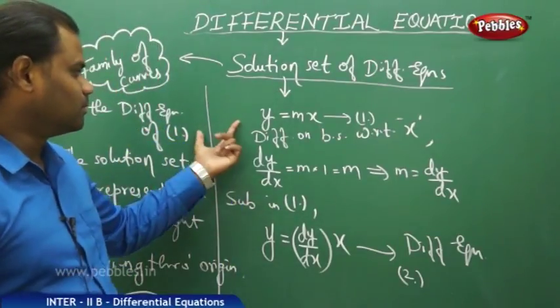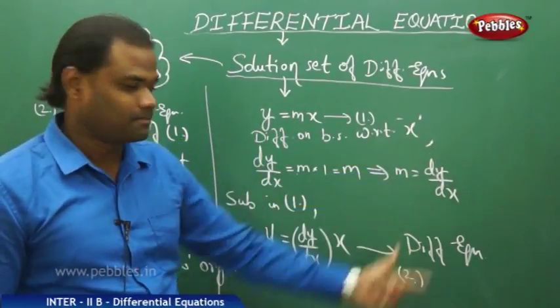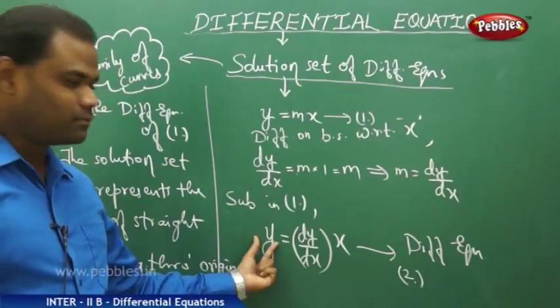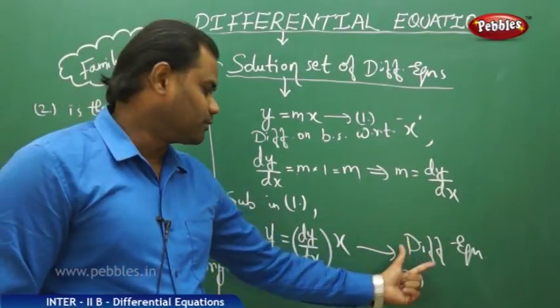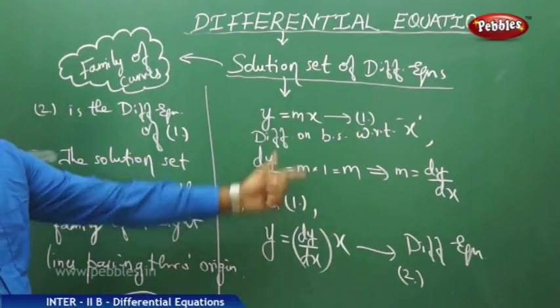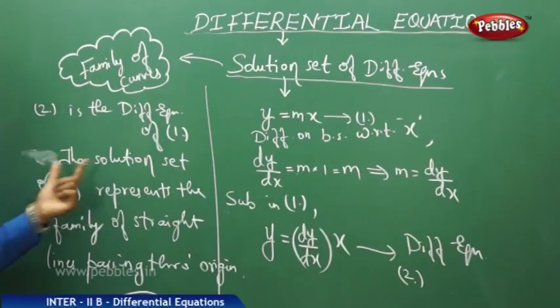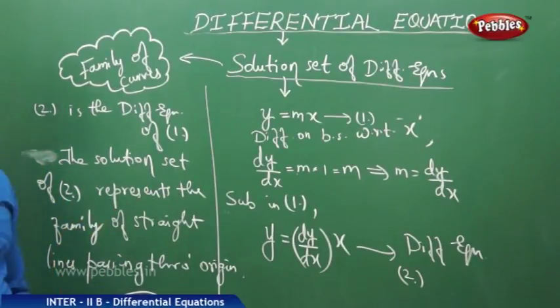With the example problem y equals mx, when I differentiate on both sides with respect to x, I get the differential equation y equals dy by dx times x, which is called the differential equation of the corresponding equation 1. And therefore, the solution set of 2 represents the family of straight lines passing through origin.